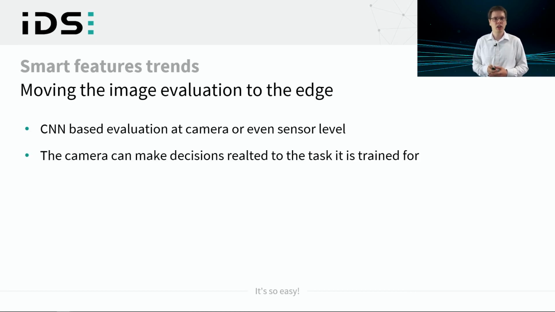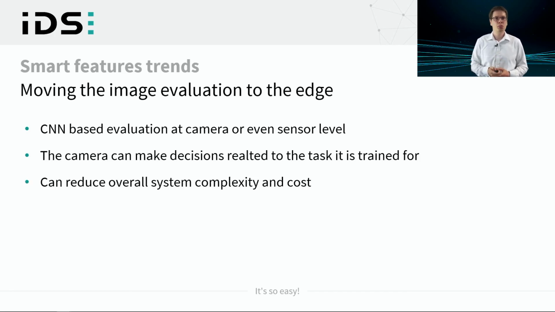This evaluation can also be done within the host with a high calculation effort, or within a very performant implementation at a camera level. An implementation at sensor or camera level can reduce the overall system cost. A host computer used for the machine control is no more necessary. This can be done directly by the camera.